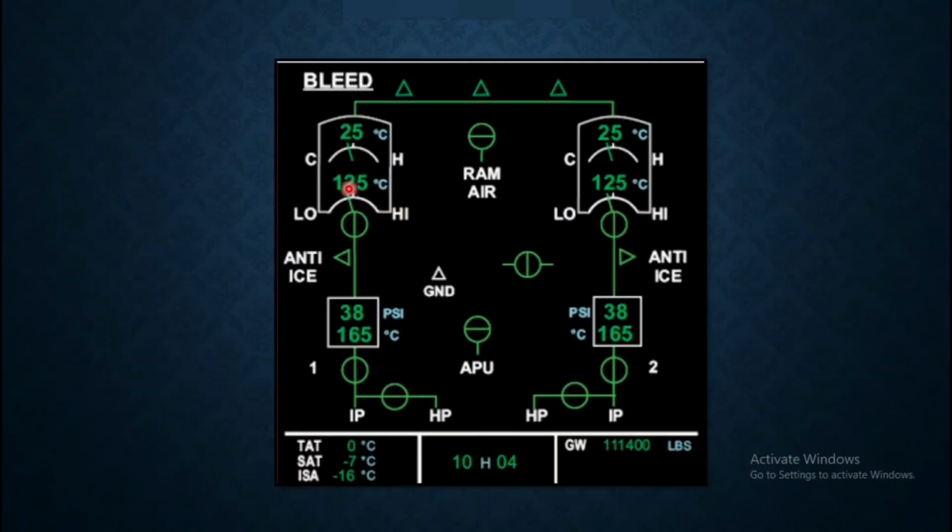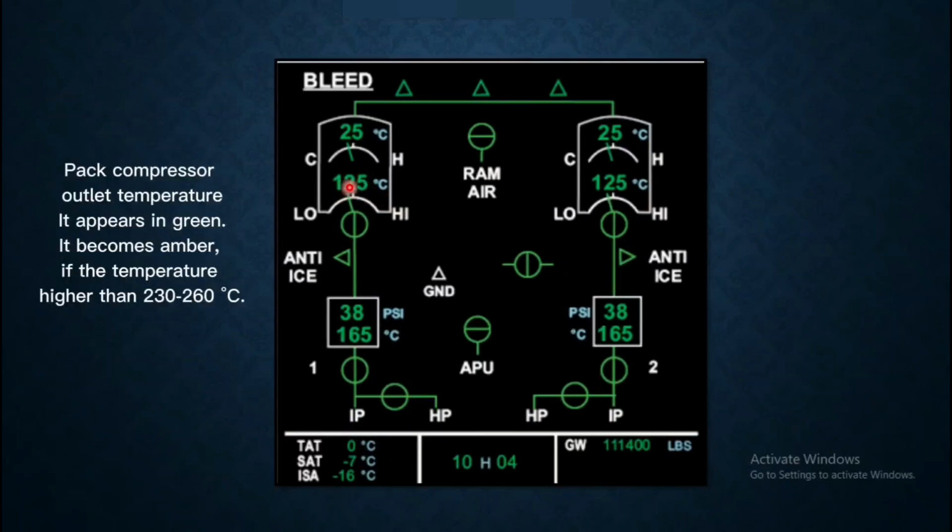And this is your compressor outlet temperature, normally this will be in green color, this will become amber if the temperature is above 230 degrees Celsius. So these are 3 points where you will get fault light. First is 90 degrees Celsius for pack outlet temperature, second is duct temperature 80 degrees Celsius, and another is 230 degrees Celsius if pack or compressor outlet temperature goes above that, then you will get pack fault light also.